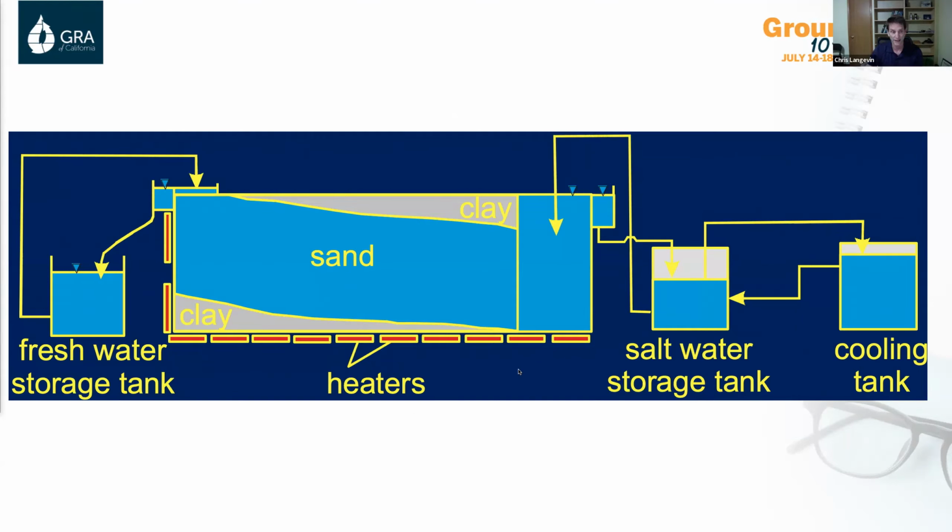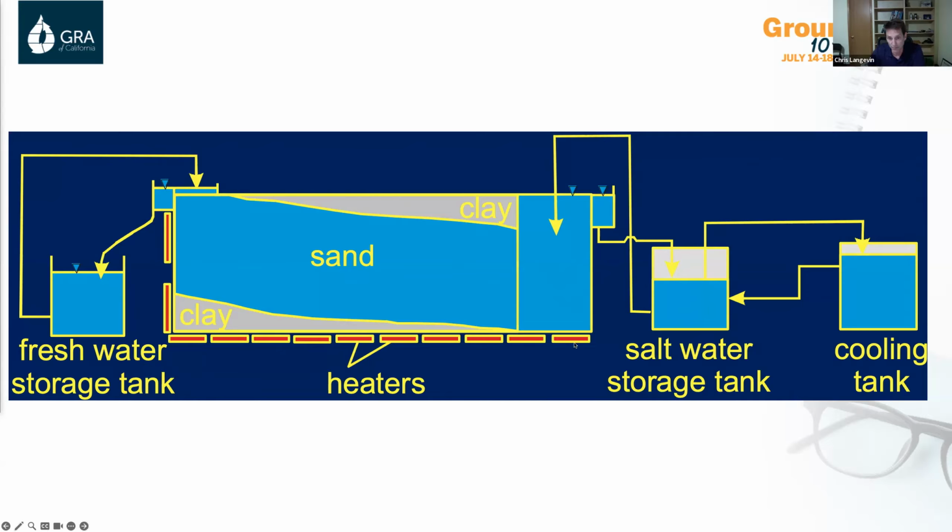And so they had on the left side a freshwater storage tank that went in at room temperature. And on the right, they had cold salt water that was assigned as a constant head boundary to represent the interaction of the Florida carbonate platform with the ocean.